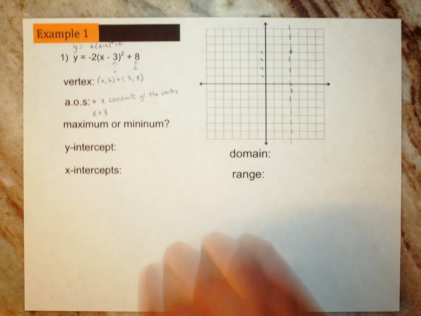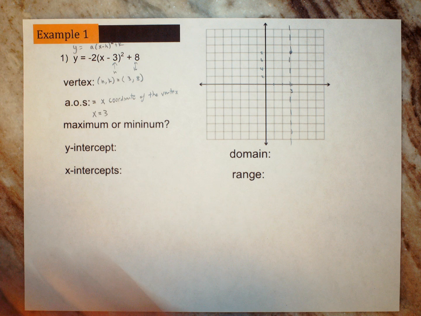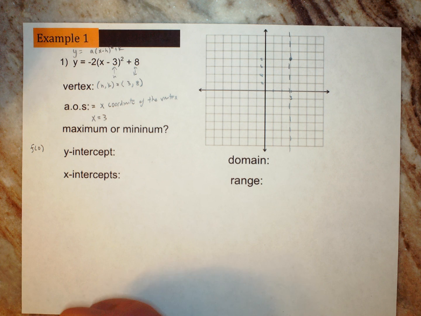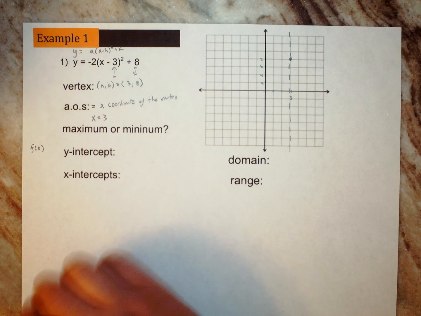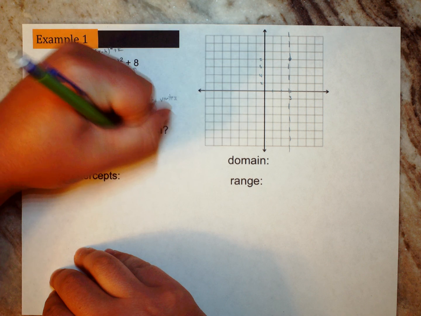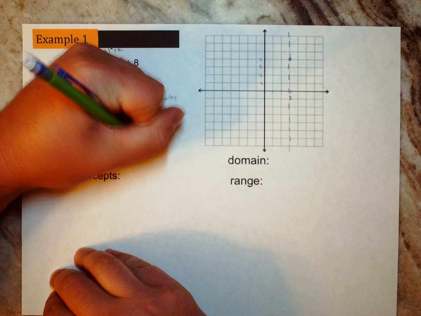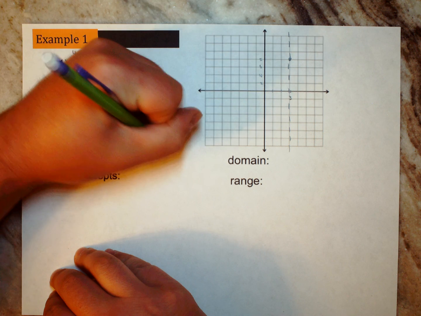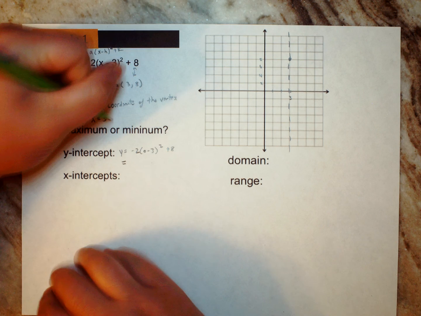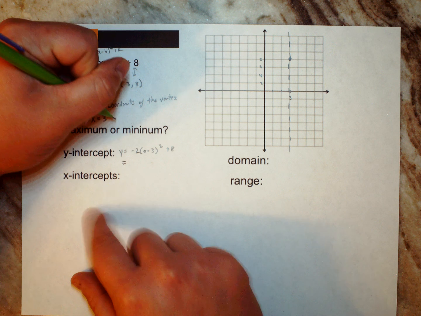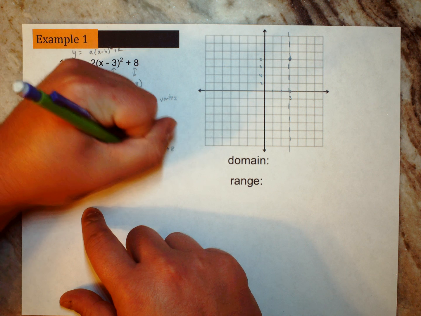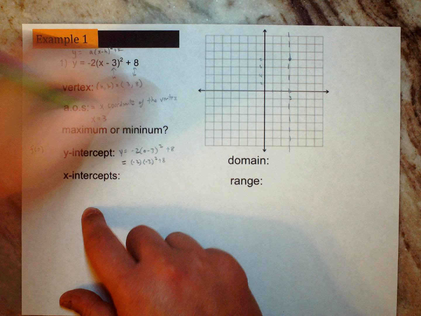Now for the y-intercept, in order to find the y-intercept, you're going to evaluate the function at f of 0. So we're going to plug 0 in for x and see what we get for y. So y equals -2 times 0 minus 3 squared plus 8. So that equals 0 minus 3 squared is -2 times -3 squared plus 8.